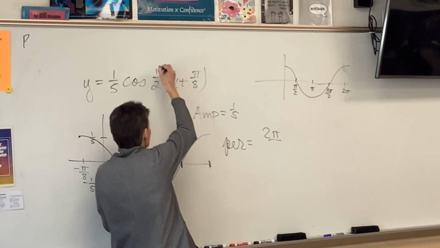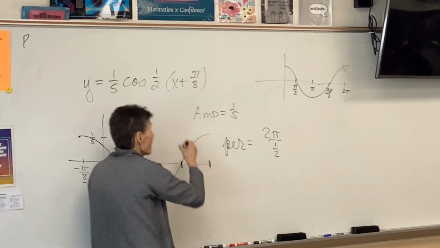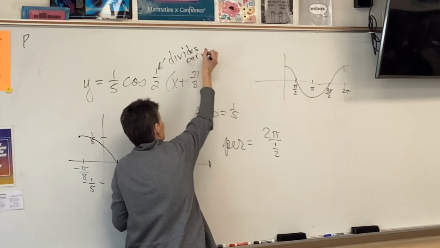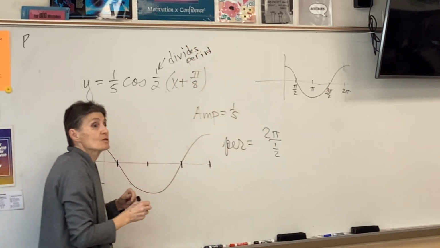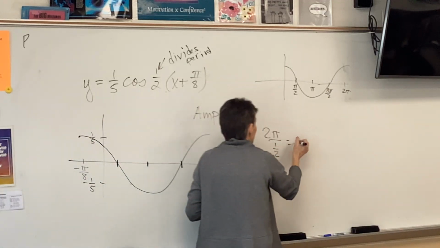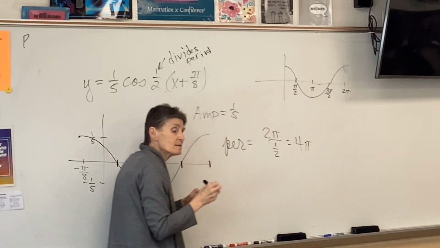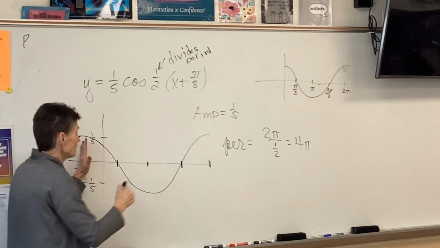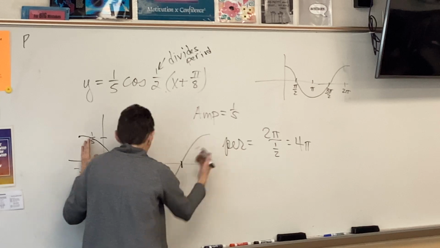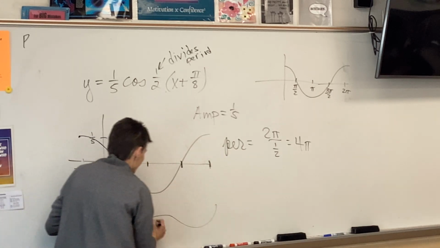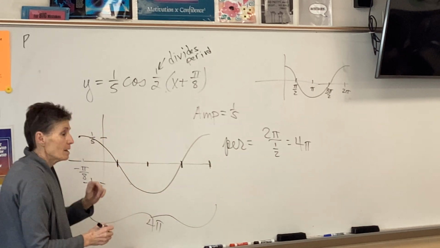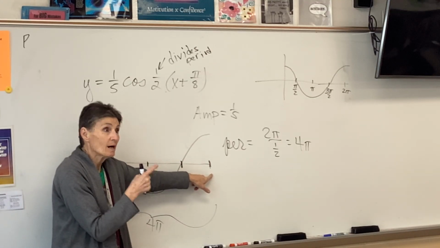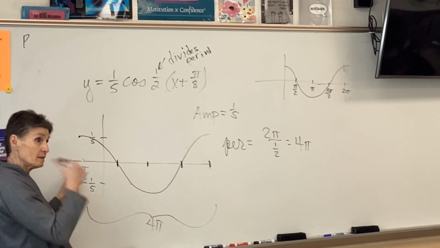But we're dividing that by a half. This number divides the period. So it would be 4 pi. Now, what does that mean? That means from this hand to this hand is a distance of 4 pi. But that is not where it ends, because I started over here.